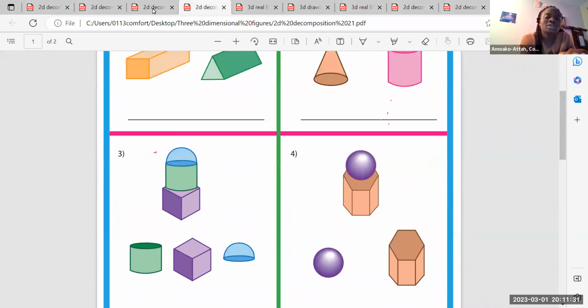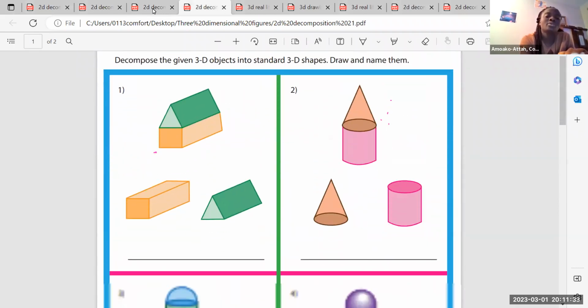So now let's come to this one too. That one, so basically we have the first one as your cuboid, or this can be a cuboid or a rectangular prism. Okay.